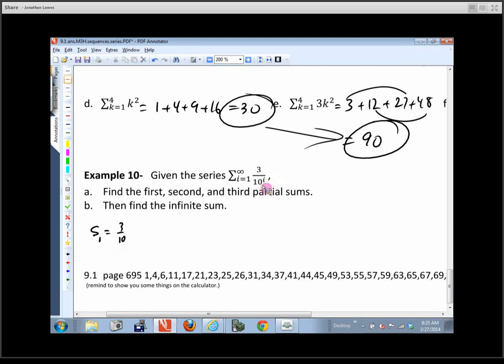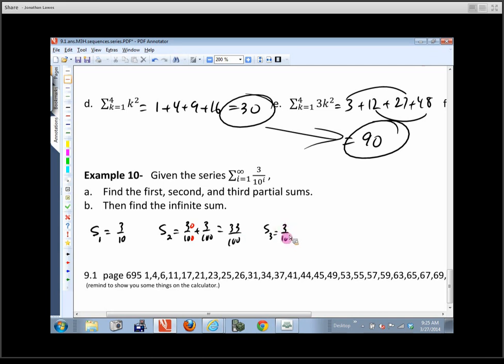So 3 over 10 to the first is just 3/10. Here's the second partial sum. If I plug in a 1, I get 3/10. If I plug in a 2, I get 3/100. So if I get a common denominator here of 100, what do I end up with? 33/100. Okay? Let's do the third partial sum.